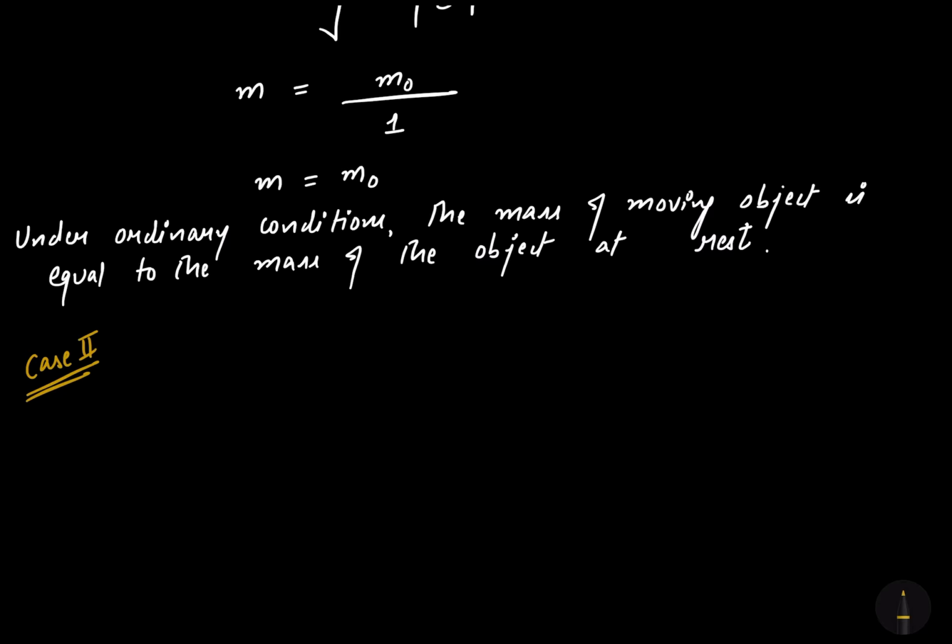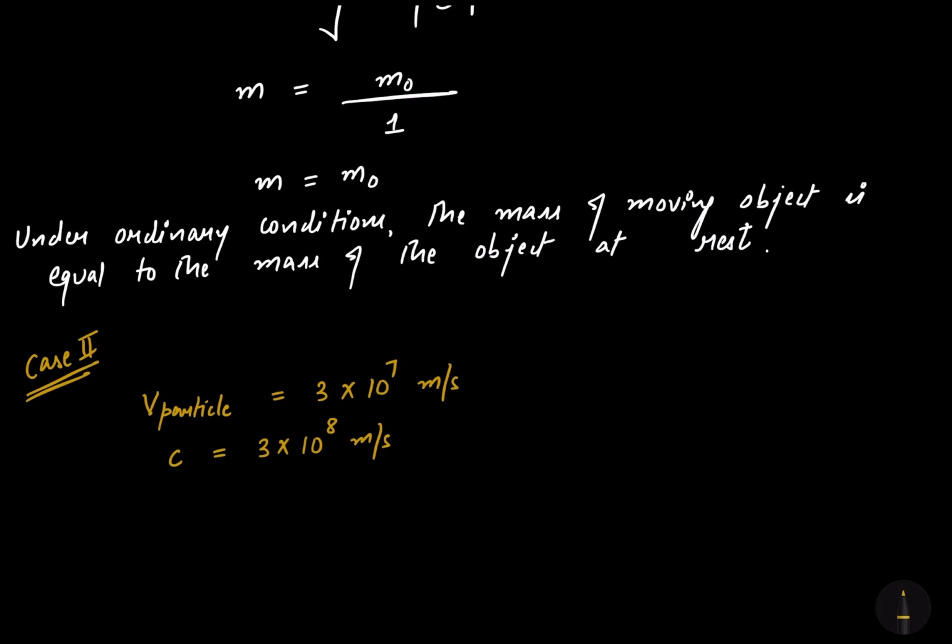So let's take a minute particle and assume the velocity of the particle has achieved the value of 3 into 10 to the power 7 meters per second. Now the speed of light, we know, is 3 into 10 to the power 8 meters per second. I have just taken an example in which the particle is moving with a velocity of 3 into 10 to the power 7 meters per second, which is close to the speed of light, which is 3 into 10 to the power 8 meters per second.